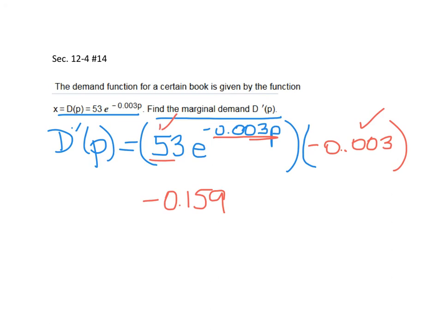So then the rest of the function is simply the e raised to the power. And that is d prime of p, and that is the marginal demand. And since we don't know anything about the units on this, then this would be the complete answer.